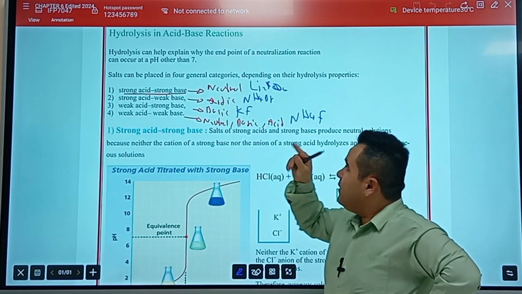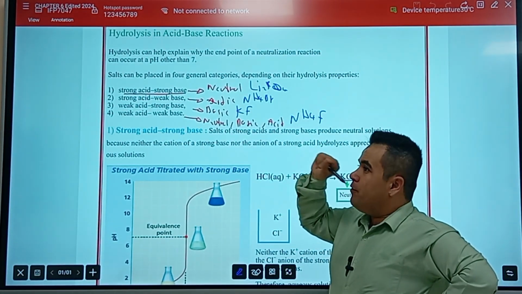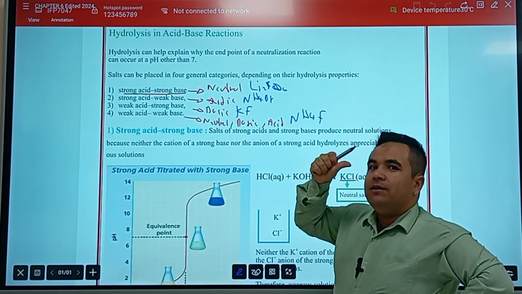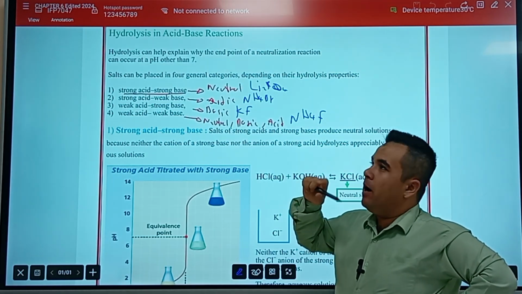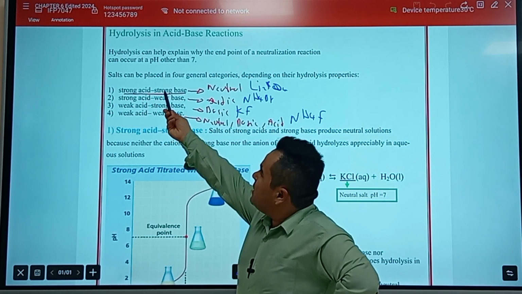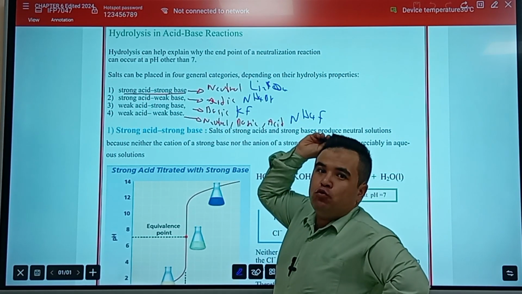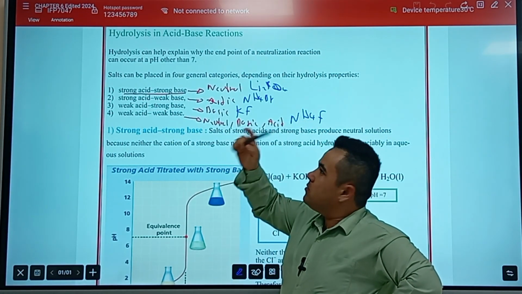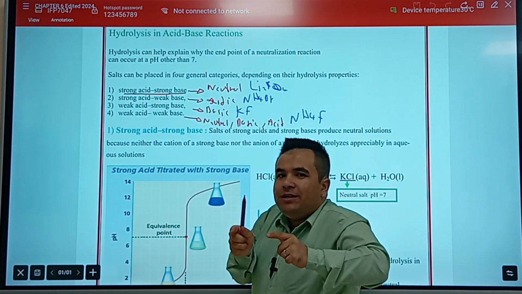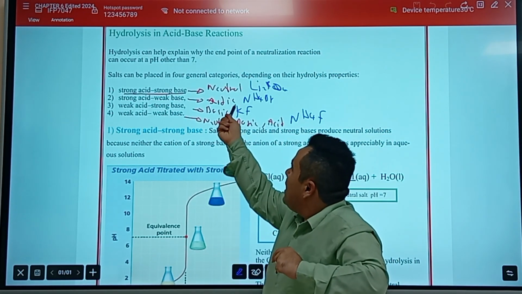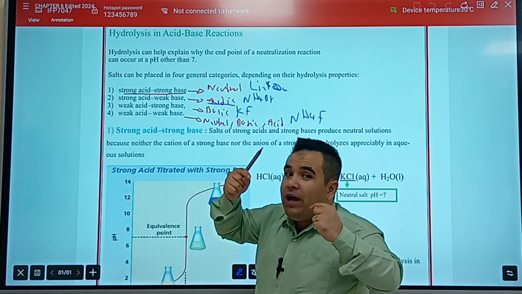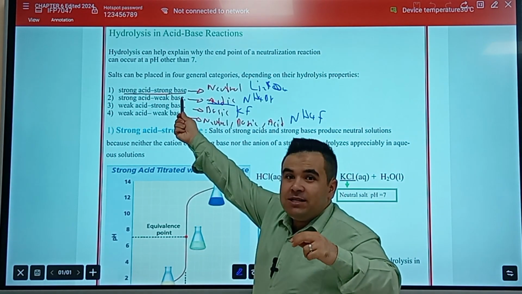Guys, the name refers to the strong part, but the hydrolysis refers to the weak part. What do we mean by this? The strong acid and strong base produce a neutral salt and do not hydrolyze. But strong acid and weak base, which one is strong? The acid. So it will take the name of the stronger one, which is acidic. But which one is weak? The weak base.